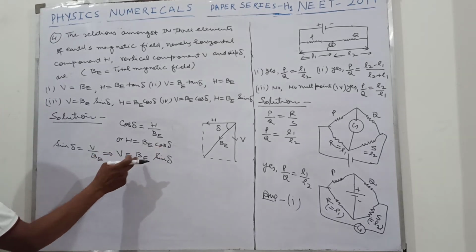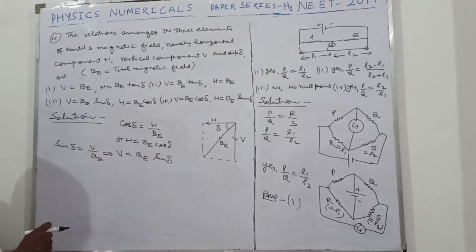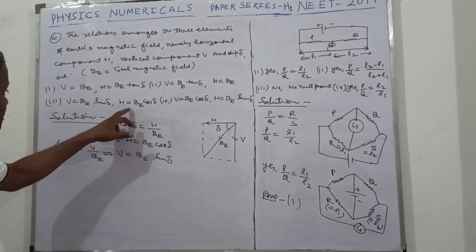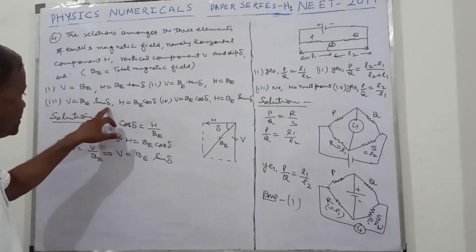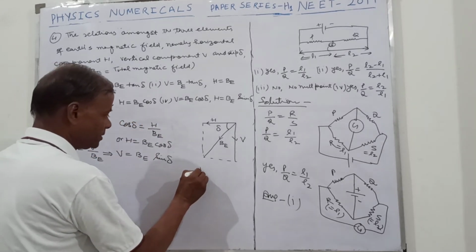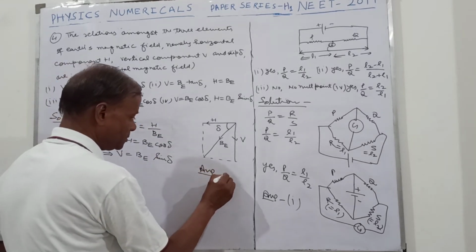So H equal to so much and V equal to so much. This must be the right option. So the right option is the third: V equal to BE sin delta and H equal to BE cos delta. So the answer is third.